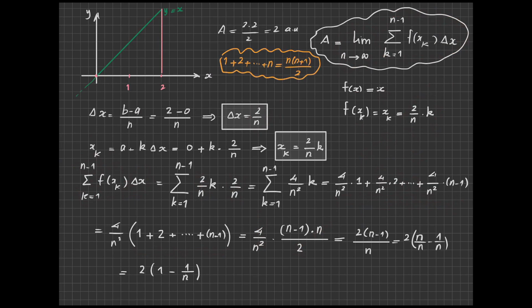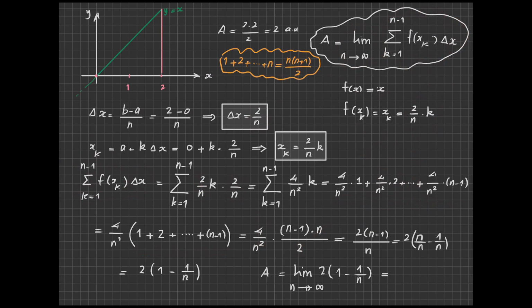Yeah, is that clear? So this is what I get for this sigma if I have n rectangles. But I want to have infinitely many rectangles. So the area is equal to what? It is equal to the limit of this sum when n goes to infinity.